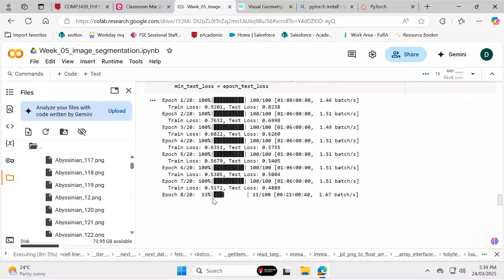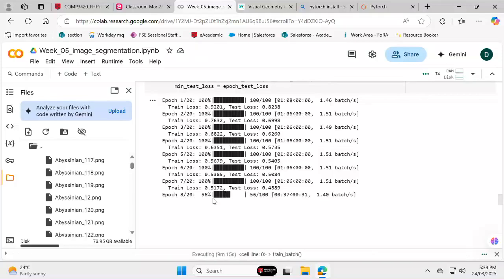Let me compare with epoch 8. Similar loss, okay, so maybe this batch normalization wasn't really helping much.